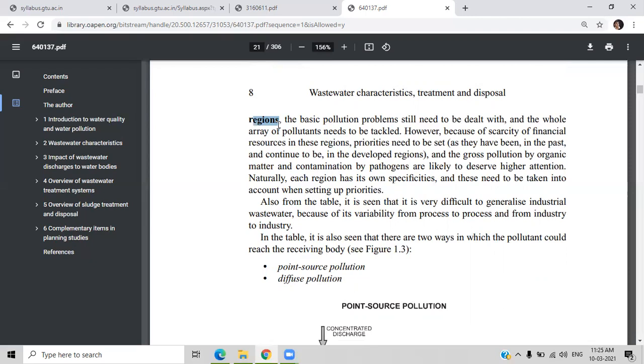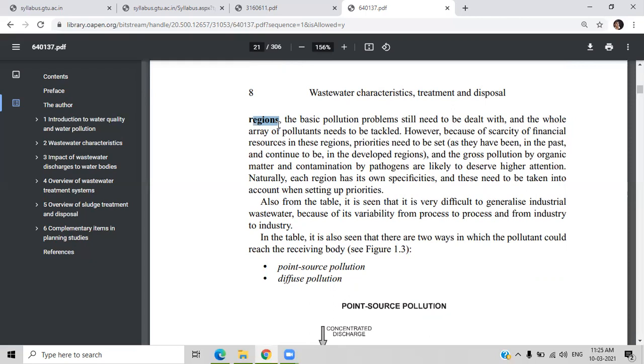So when we are talking about domestic wastewater, we can easily distinguish the different pollutants available in that particular water, like suspended solids and organic matter. But when we are talking about industrial wastewater, it is very difficult to generalize or classify it, because the process varies from product to product.